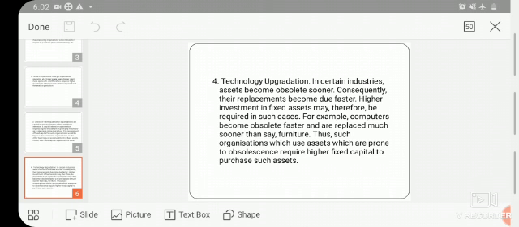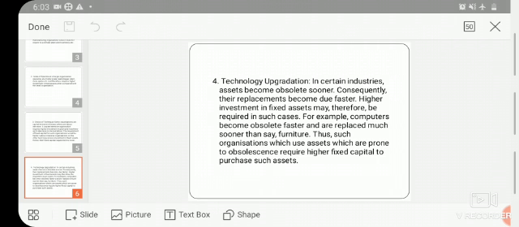So when the technology changes, according to that the organization is going to arrange for new resources, new kinds of assets, new kinds of machinery, new kinds of computers, right? For all these purposes, the organization is going to spend money on acquiring new technologies or new machineries or new tools and equipments.